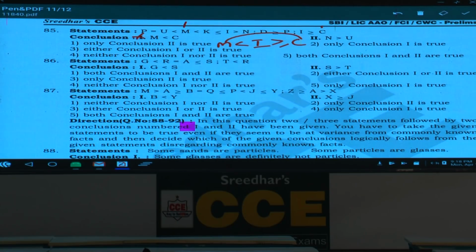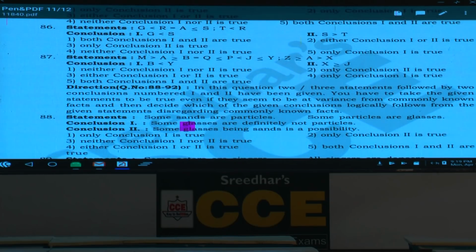Hence no relation between these two, the first conclusion does not follow. Then coming to the second, N and U. Now in the second conclusion between N and U, U is here, N is here. Again between U and N there is one less than and one greater than, two opposite symbols. And this is also ruled out. Hence neither 1 nor 2, choice 4 is the answer. Done with this? 85, choice 4.